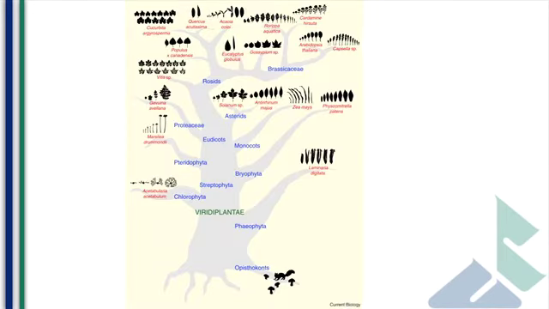And of course, as discussed in the lab, we talk about a whole plant kingdom approach to how leaf shape changes throughout life. So in this image, what you're looking at are the different groups of plants, everything from some early algae to the mosses.